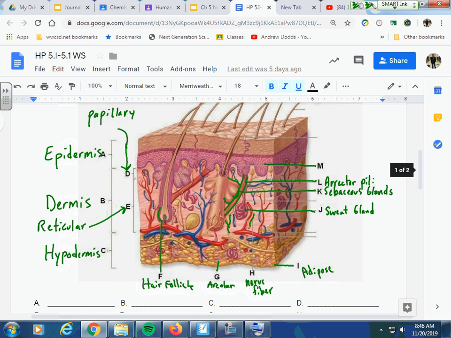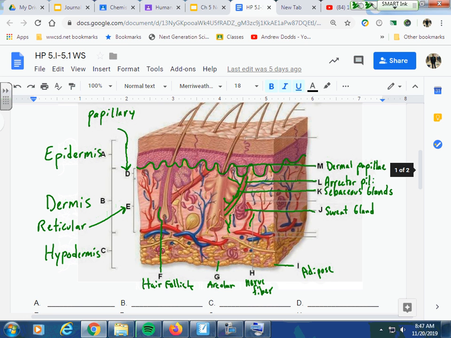And M is pointing at dermal papillae. So that's an easy way, by the way, to tell where the epidermis and dermis meet, is where the waves are. So you see how it's kind of wavy? Like that.